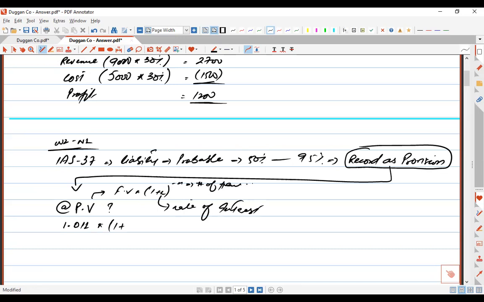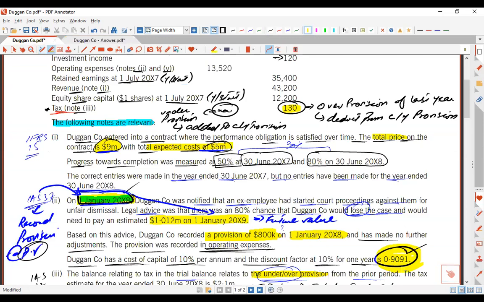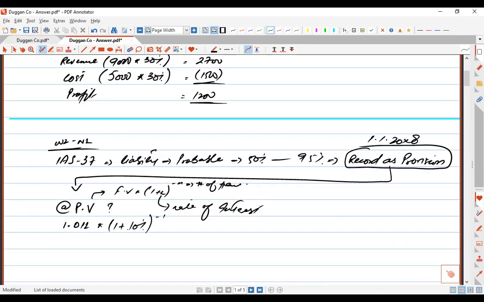Over here, we are doing all these things on 1st Jan 2008, and the estimated payment date is 1st Jan 2009. So the number of time periods is 1 year, and the rate of interest given in the question is 10%. Even if you don't do this, the discount factor is given in the question, so you can directly use it, or if it is not given, you can calculate using this formula.